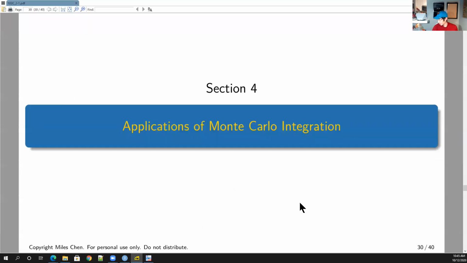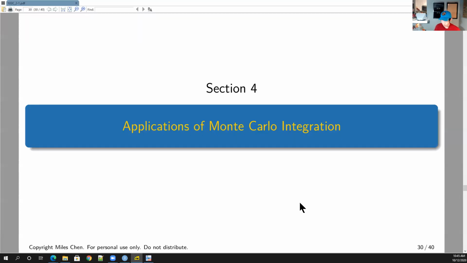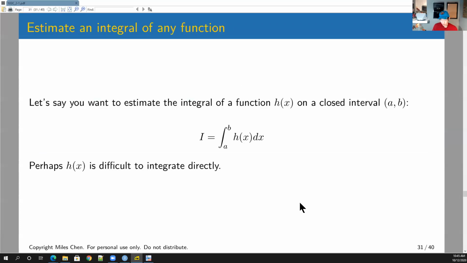So let me just run through a quick application here. Maybe we'll run out of time, but we can use this. One application is that we can use the Monte Carlo estimator to approximate an integral of any function. Okay, so as long as it's on a closed interval, so it's not going to work if it goes off to infinity. But as long as you've got a closed interval, the integral from a to b of any function h of x can be estimated.